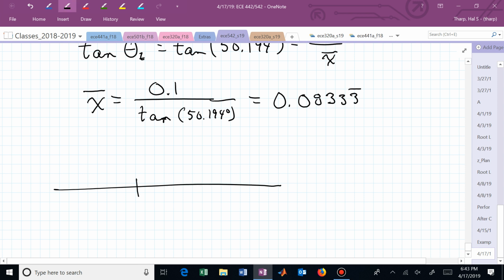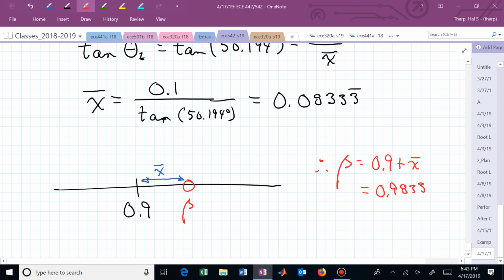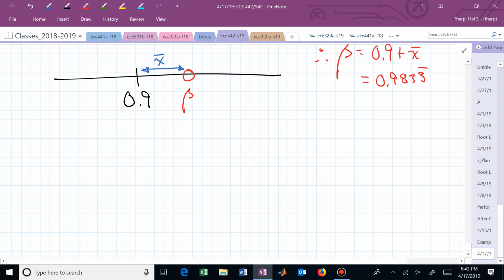So now there's 0.9, here's the x bar, and beta is right there. So beta is equal to 0.9 plus x bar, or it's 0.9833.